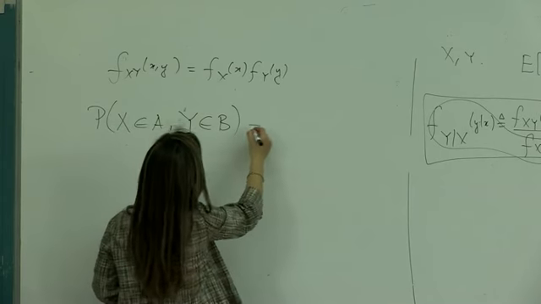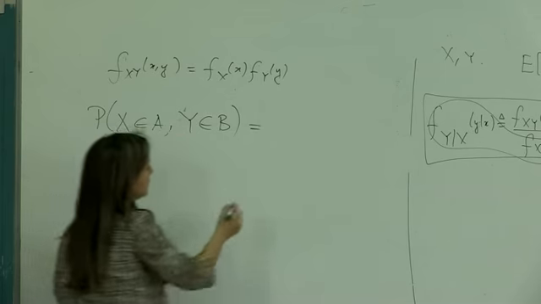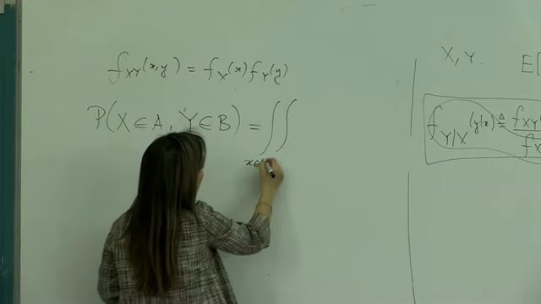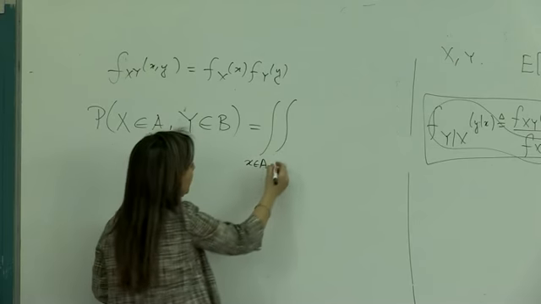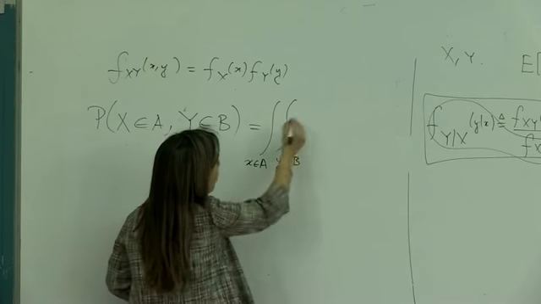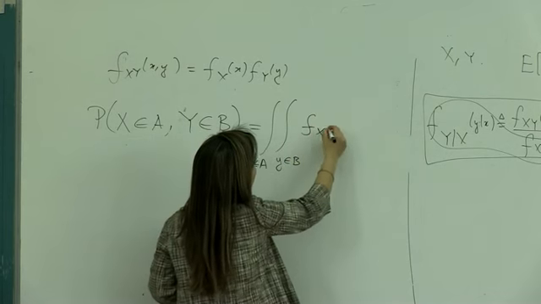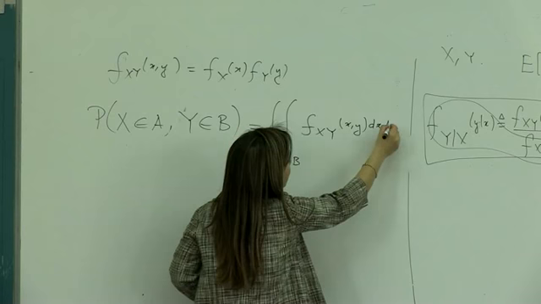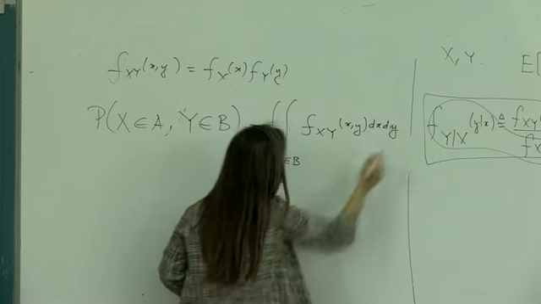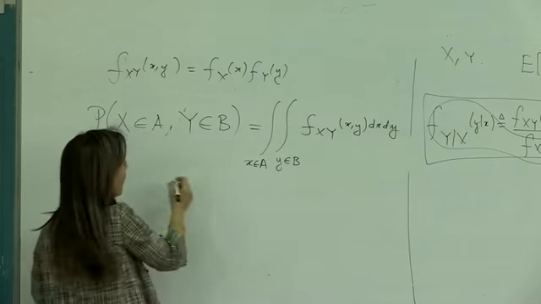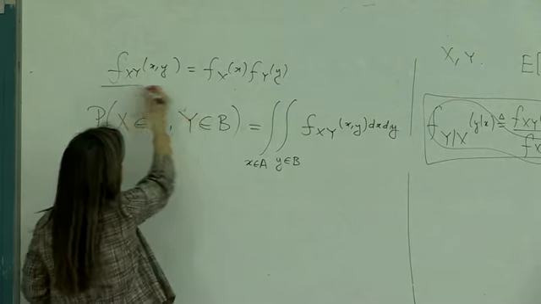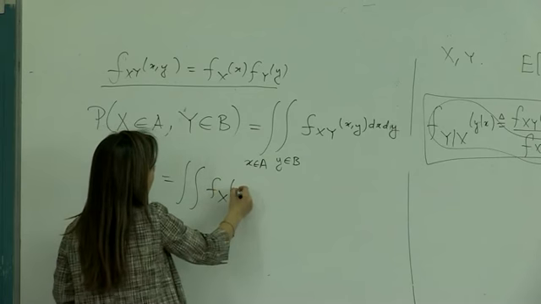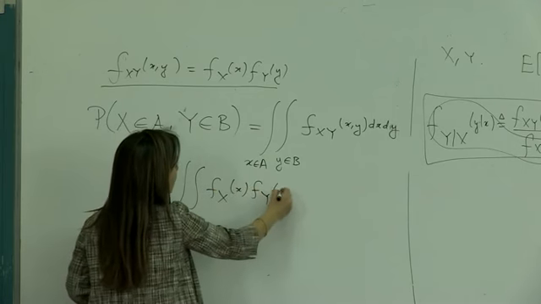So this joint probability can be found by integrating, while x is in A and y is in B, the joint density. Okay. But by the assumption, the joint density breaks down into this product.